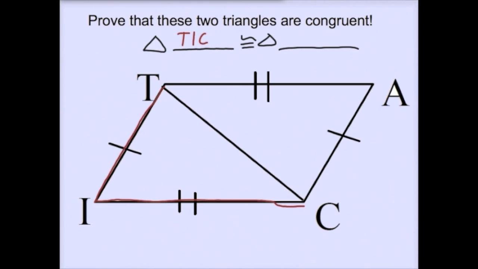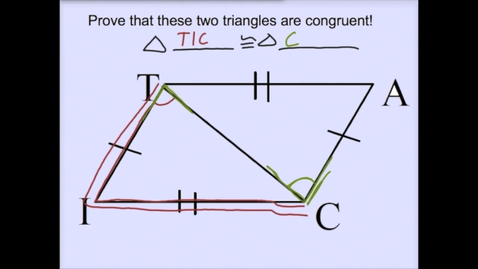Well, what is angle T, this angle up top here, what does that correspond with? In this other triangle off to the right, that angle is made up of the shared side and also the segment with one congruence mark. So the angle that shares one congruence mark and fits the shared side is this angle. So we'll begin naming our second triangle with C. In triangle TIC, we follow T towards I, end up at C. In other words, we go down the segment with one tick mark and follow the segment with two tick marks.